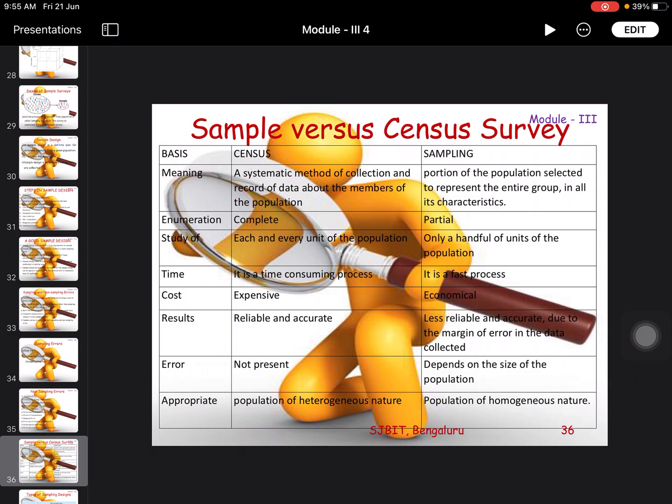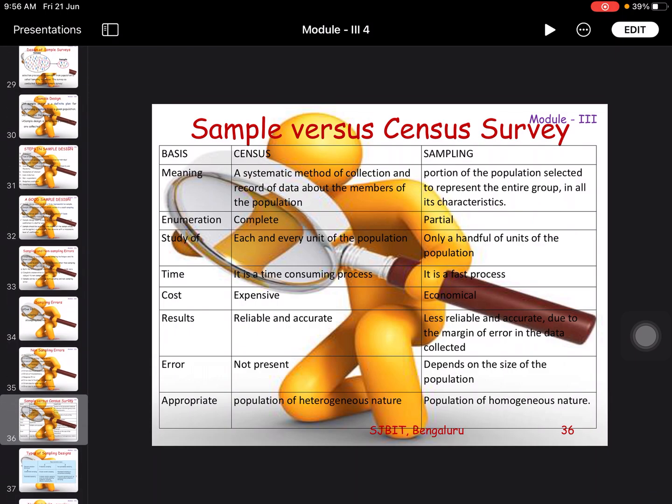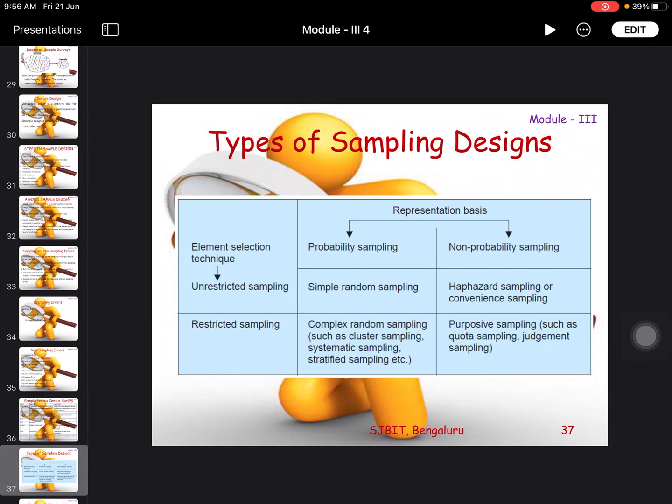Sample data has to be reliable and accurate, and as far as possible error free. Normally census data will be heterogeneous as it consists of more data, and homogeneity is expected only in the sampling data.